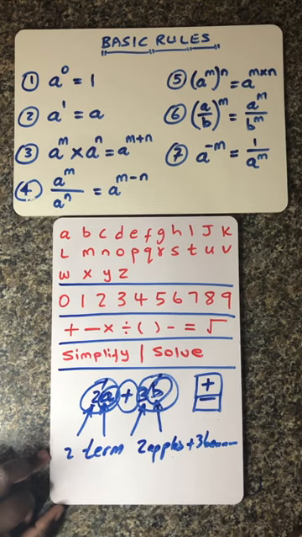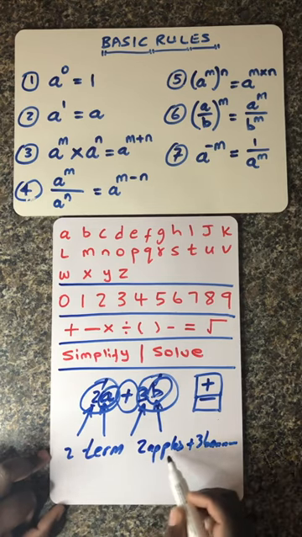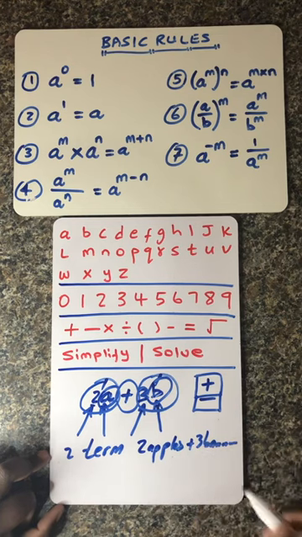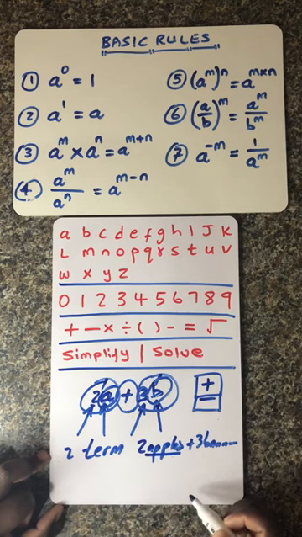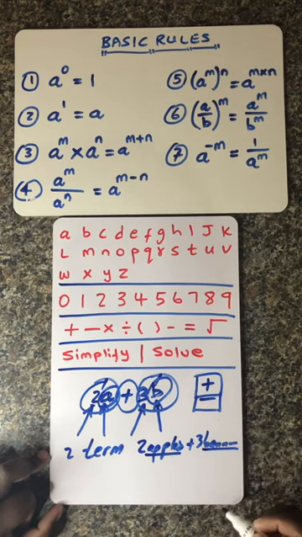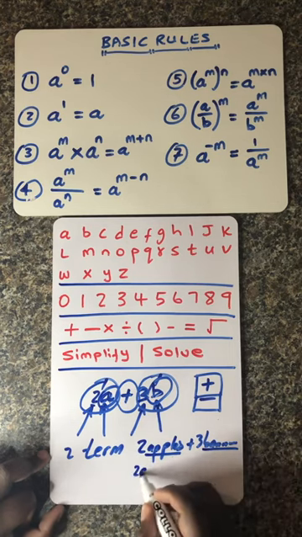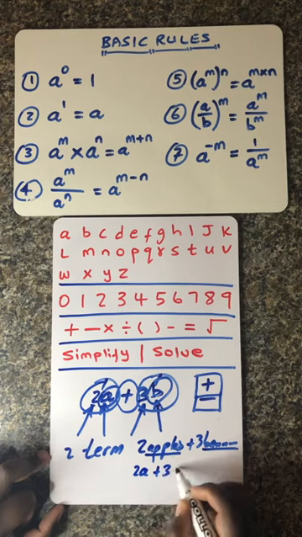I'm not sure if it makes sense, 2 apples plus 3 bananas. So it refers to the same thing. It's only that they didn't have to write the whole of those words. They didn't have to write 2 apples or 3 bananas. They just wrote 2a plus 3b.